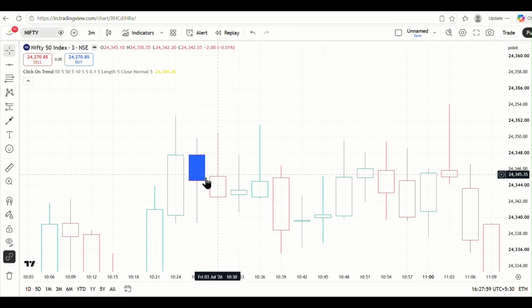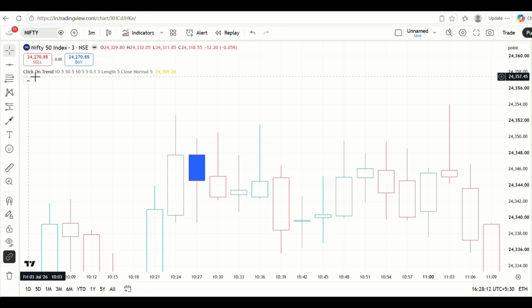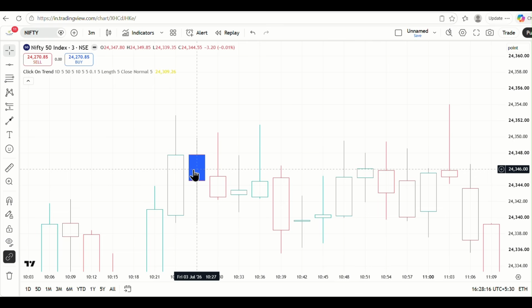Like here you can see this is the red outline, which means the market without the indicator sees this as a red candle, a bearish candle. But we as users of the Click on Trend indicator can identify buying has happened here, meaning the market is pushed down, okay, but buying has happened here.